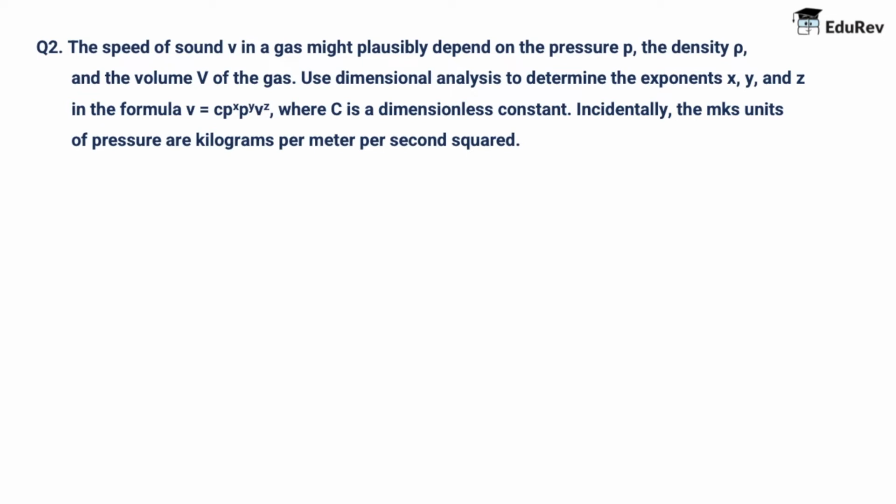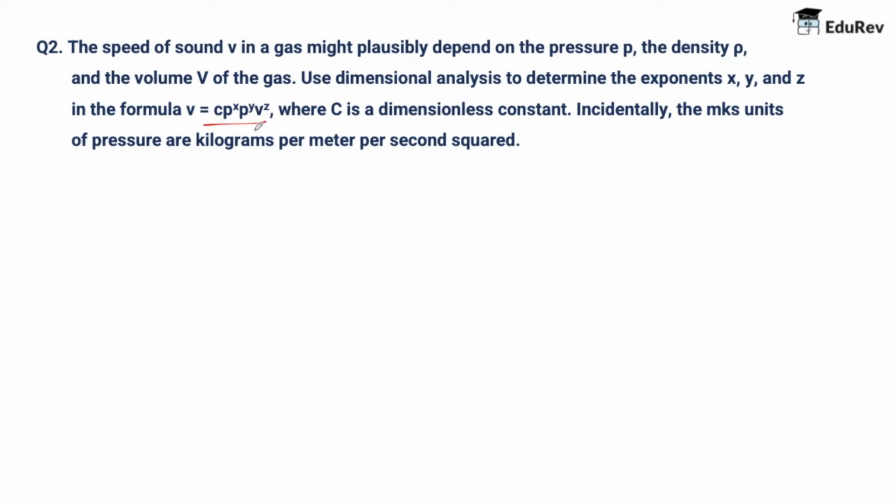So this question states that the speed of sound V in a gas might possibly depend upon the pressure P, the density, that is rho, and the volume, that is V of the gas. We need to use dimensional analysis to determine the exponents x, y, and z in the formula that is given. Now in this question, the formula is already given to you, right?